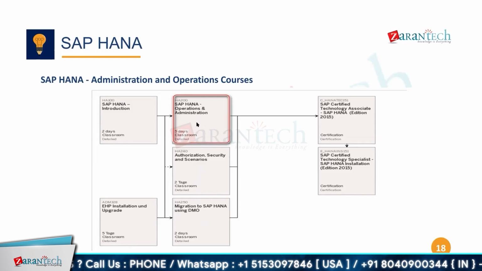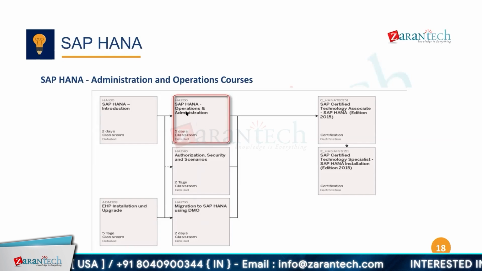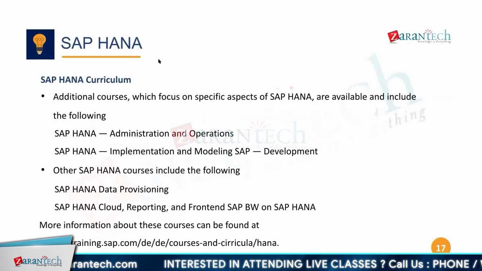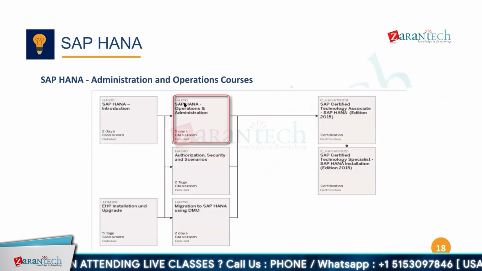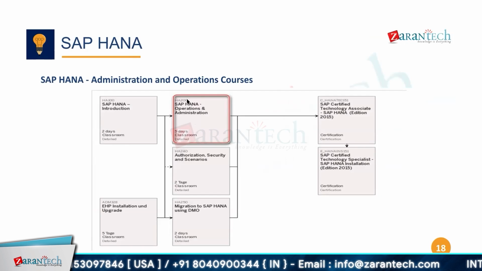For administration purposes, it is HA 200, SAP HANA Operations. In this training, I'm covering almost 3 units of HA 200. Maybe once the advanced course comes, another 3 to 4 units. I've got a request, but let me finalize it at a later point in time.